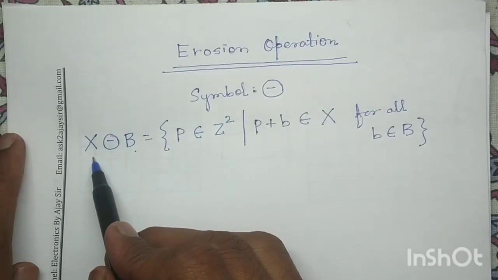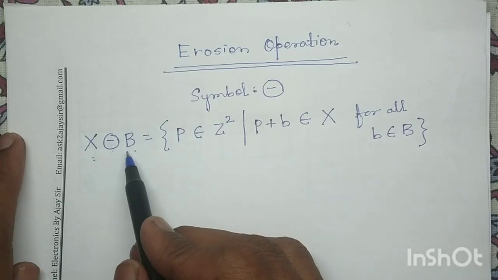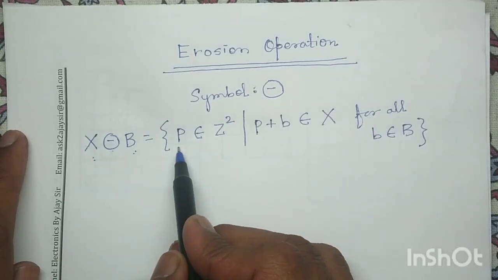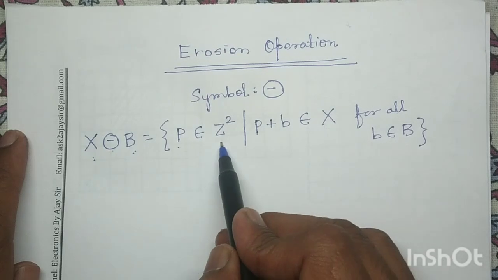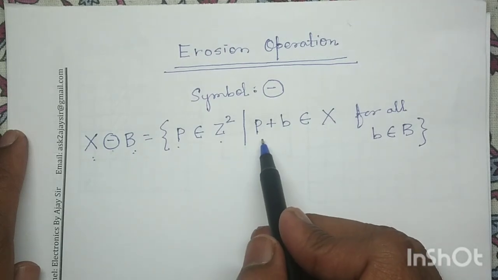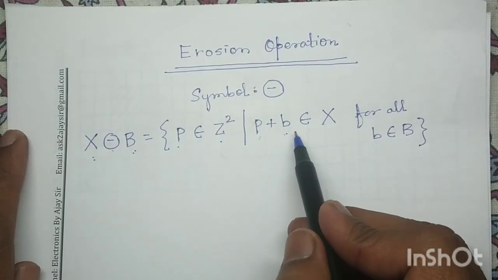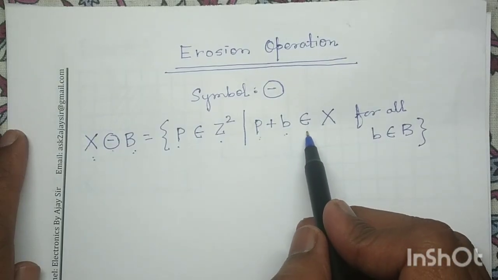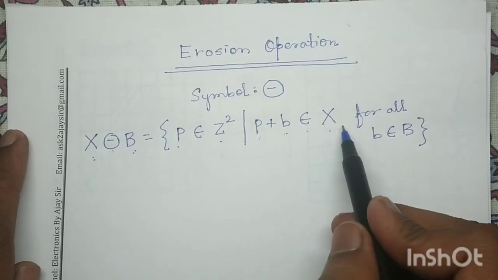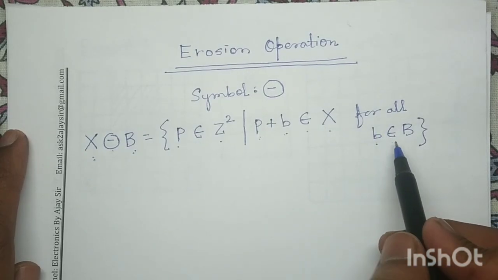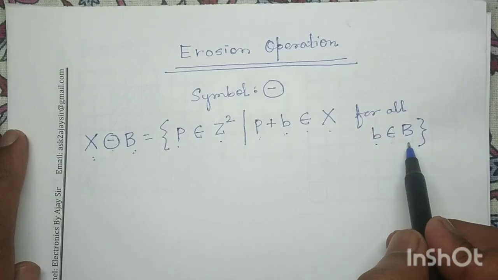So the image set X eroded with the structuring element B represents all the points P in two-dimensional space such that P plus b, the vector addition between P and b, belongs to the image set X for all elements of small b belonging to the structuring element B.